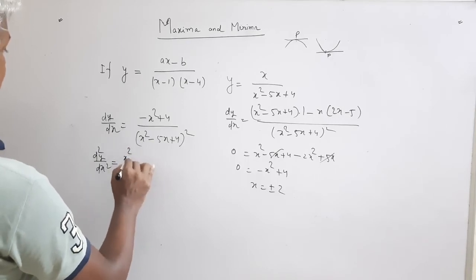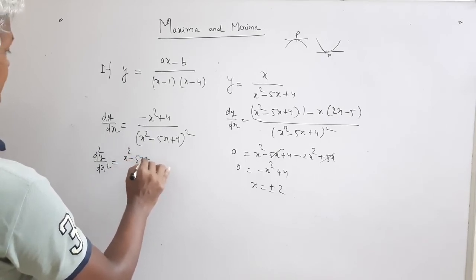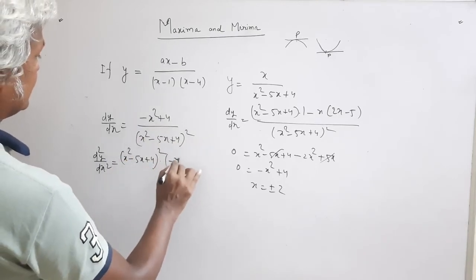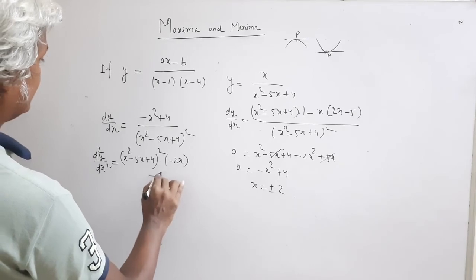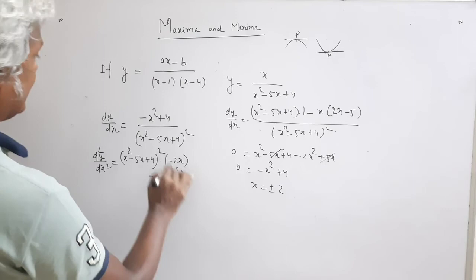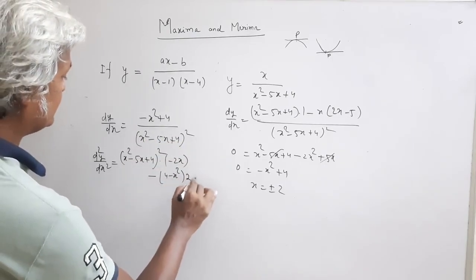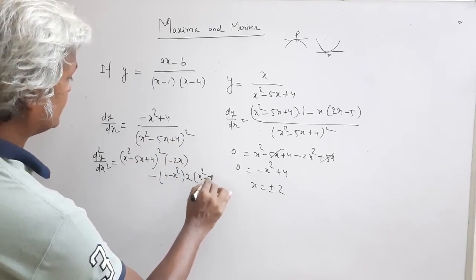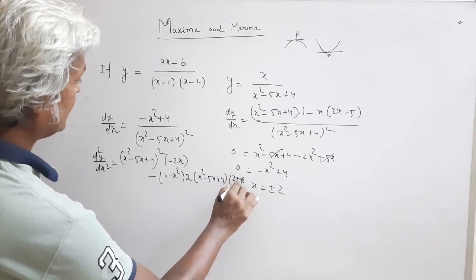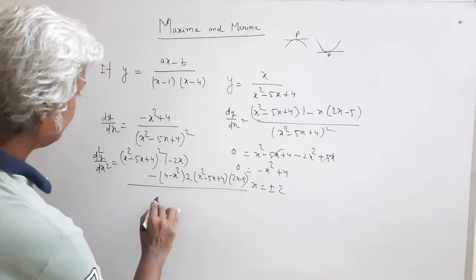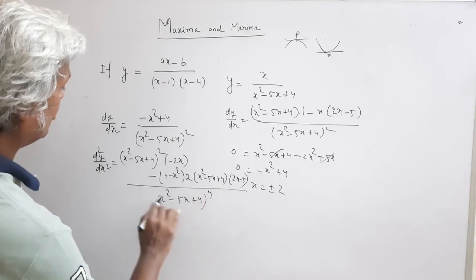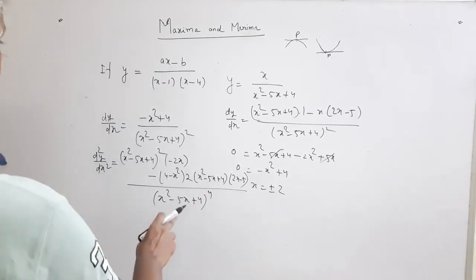First I keep the denominator as it is, x square minus 5x plus 4 whole square, and differentiation of the numerator is minus 2x. Then I write this part as it is, that is 4 minus x square, and then differentiation of this part, which becomes 2 times x square minus 5x plus 4 times 2x minus 5, upon x square minus 5x plus 4 whole to the power 4. So this is the way you can find the value.